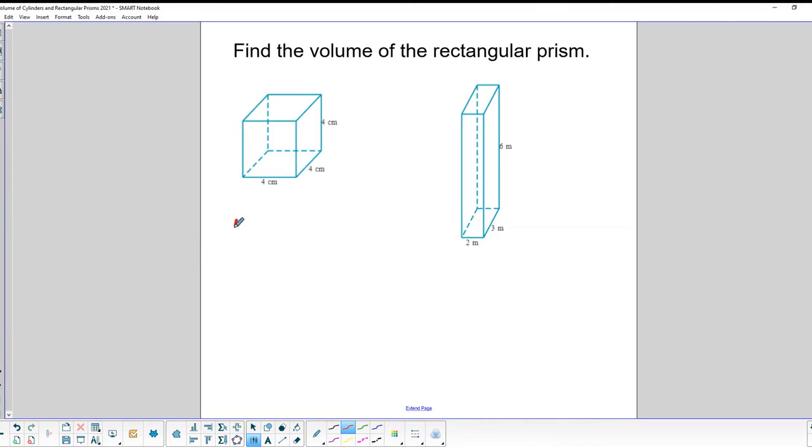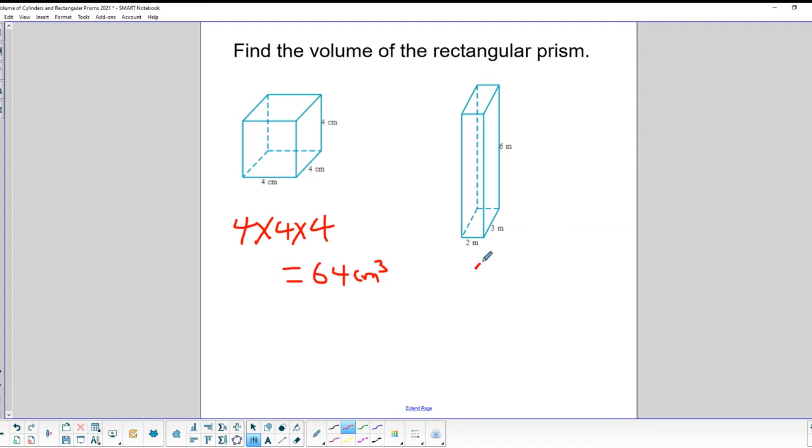And so we're going to try a couple. So here we got 4 times 4. So the bottom would be 16, and then 16 times 4 would give us our full volume of the entire shape. So 16 times 4 is 64 centimeters cubed.